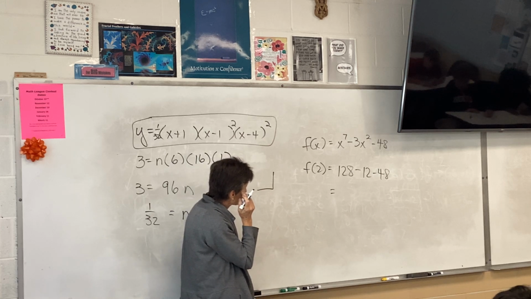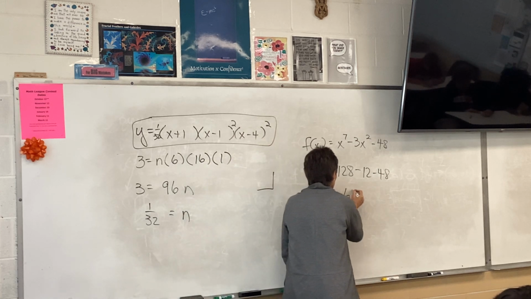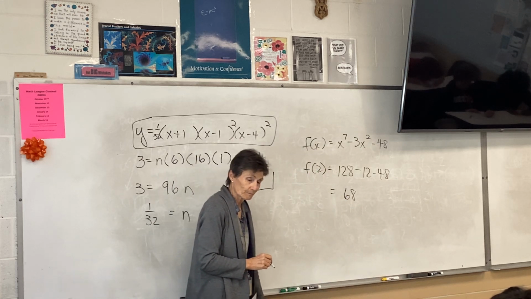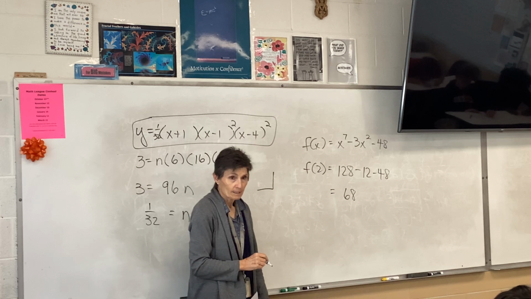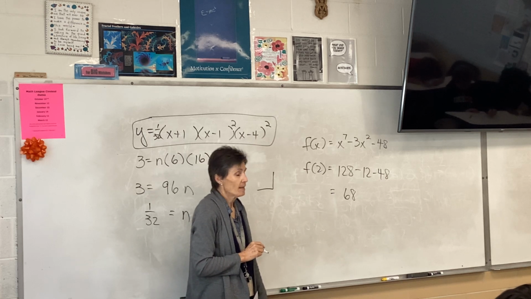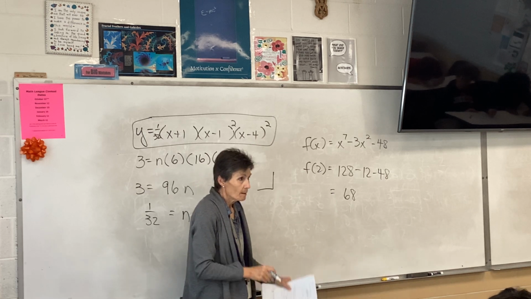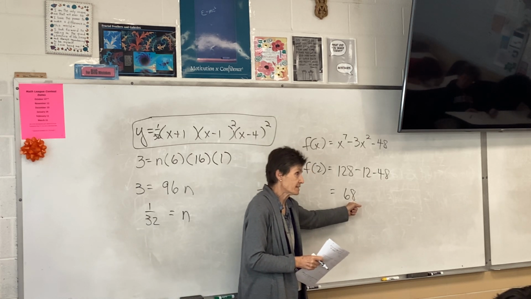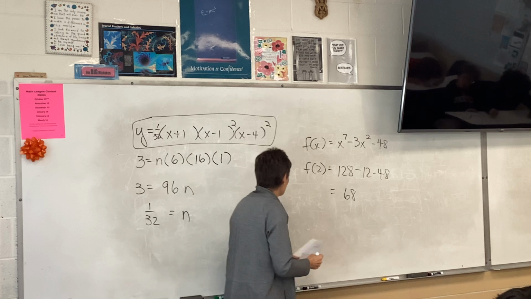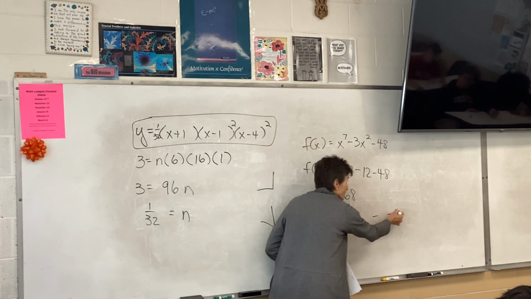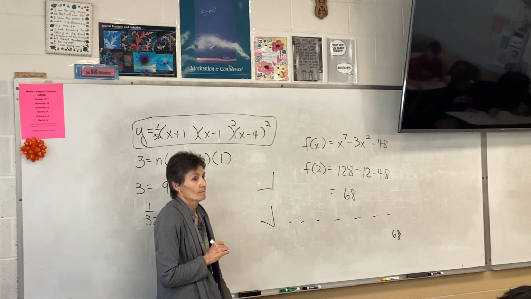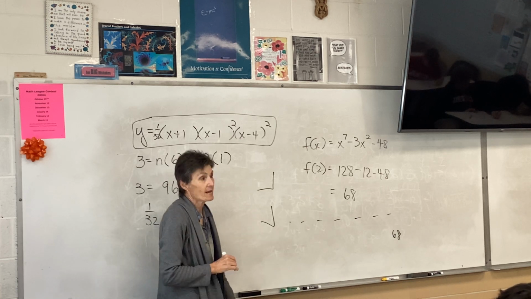What is it, 68? So the question was, is it a factor? No. And the answer is no, because the remainder is 68. That number is the remainder. If you had done the division, 68 is what you would have ended up with down there. So that would be a valid explanation: no, because the remainder is 68.